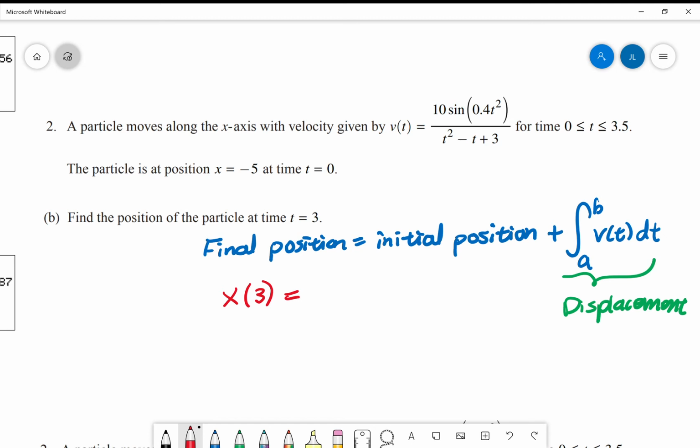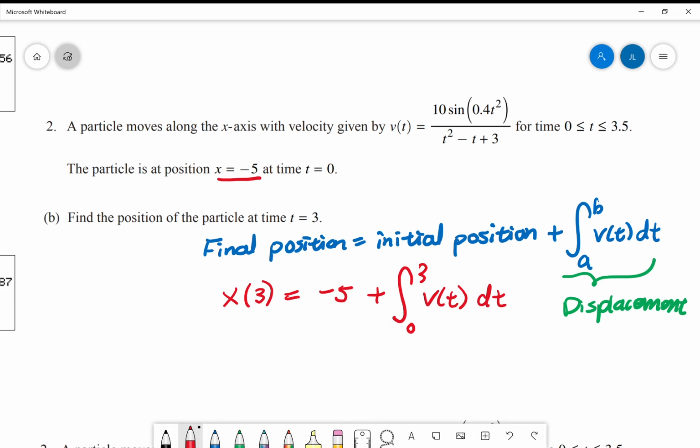So this is equal to the initial position of -5 plus the displacement. And what you want to put on your integral is the initial time, which is 0, up to the time that we want to find the position of the particle at. 0 to 3, v of t. You don't have to copy the function, just simply write v of t because it is already defined in the question, and close it off with dt.